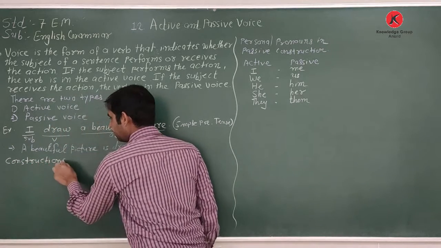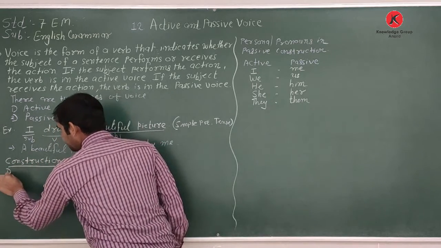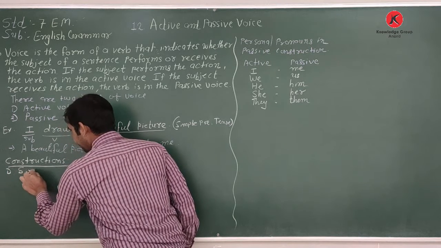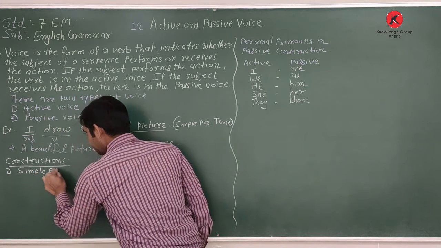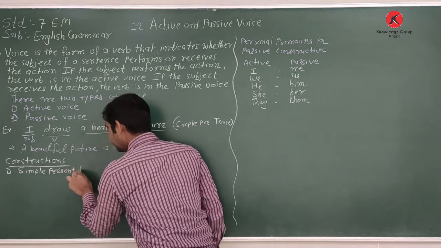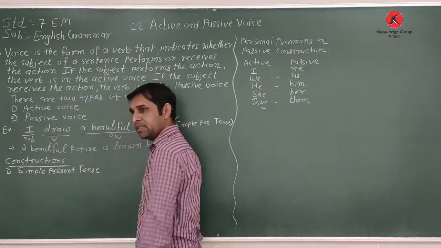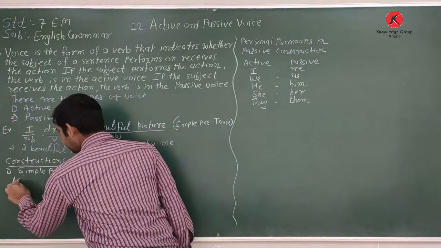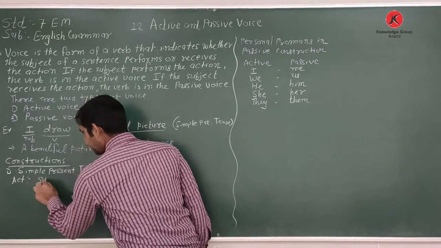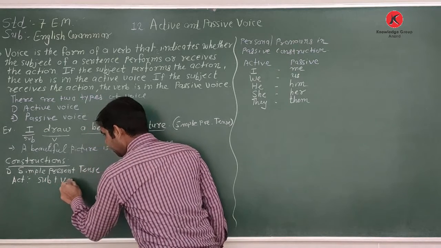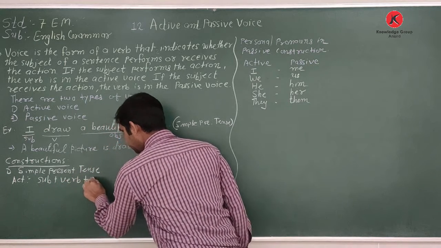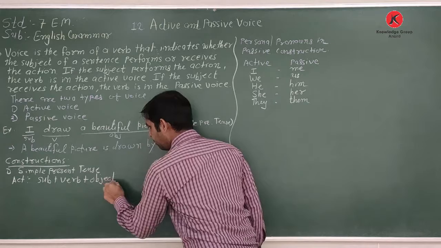The first tense is simple present tense. The simple present tense construction of active voice is subject plus verb plus object.